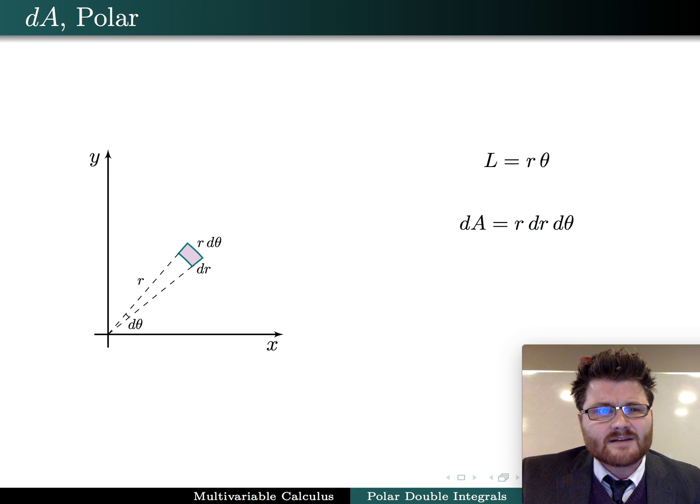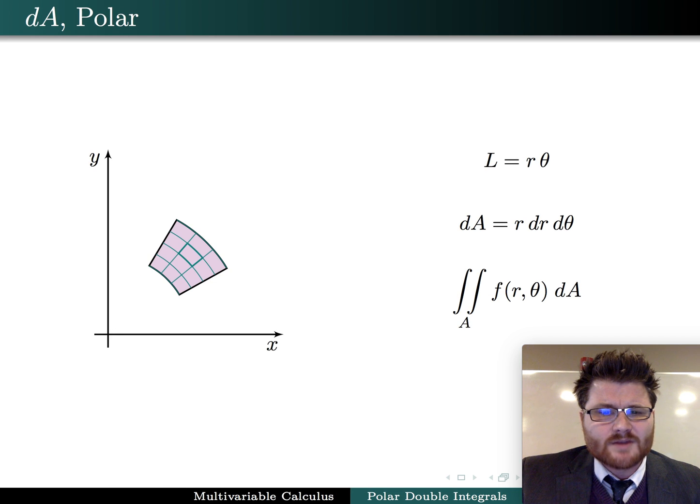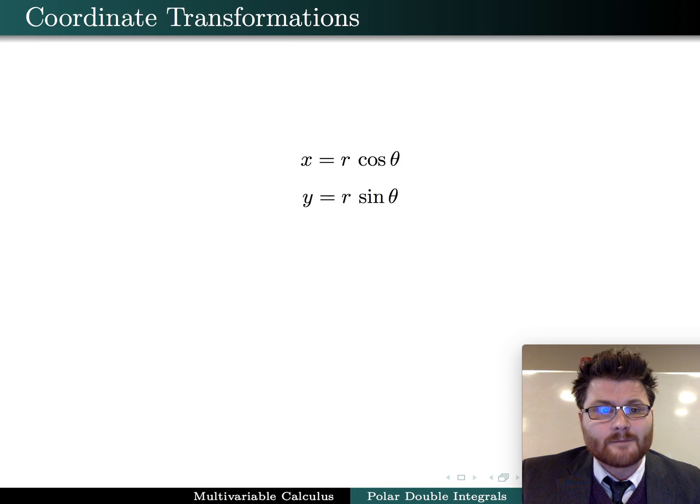And so what we find is our area element in polar coordinates is actually r dr d theta. And so then if I want to integrate over some region, it's just a matter of adding up the value of the function times one of those little areas. So we integrate across dA and we get the value of the function we're talking about.